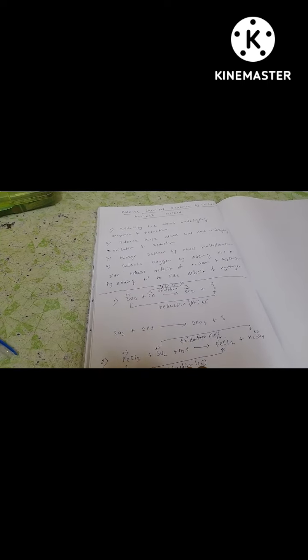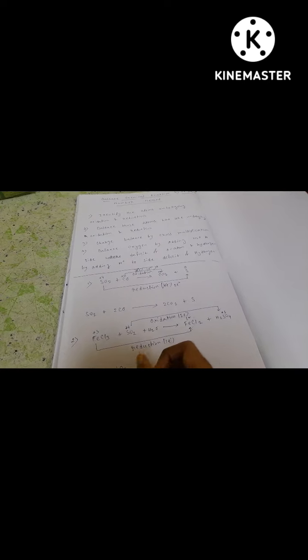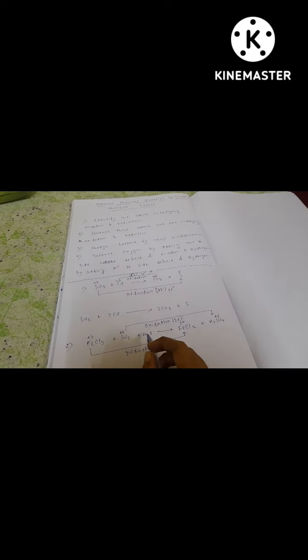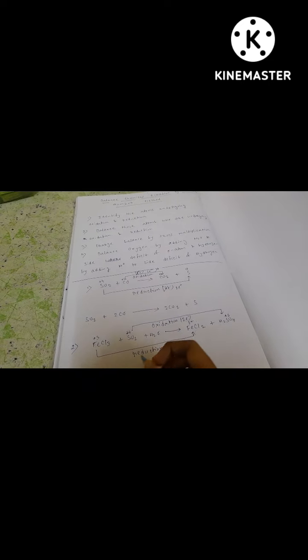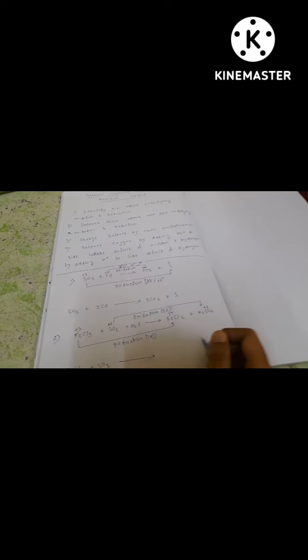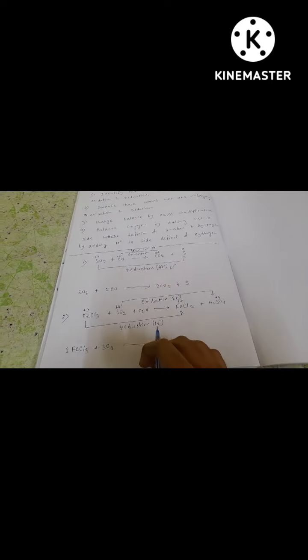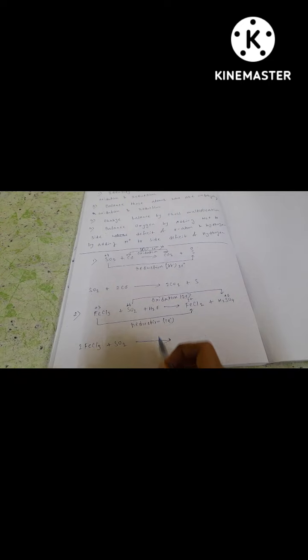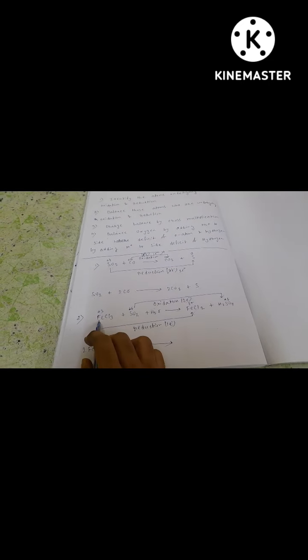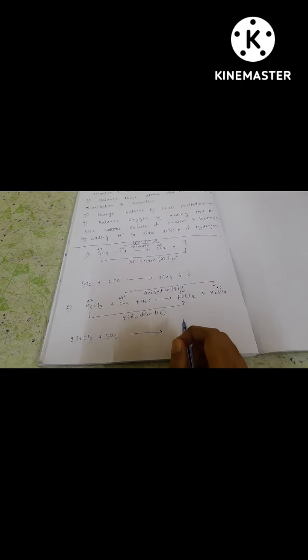Okay. Now in this case I have not considered water here, because the oxygen and hydrogen at last will be balanced by adding H plus and water molecules. So I have not considered water in this case, only those atoms that are undergoing oxidation and reduction.